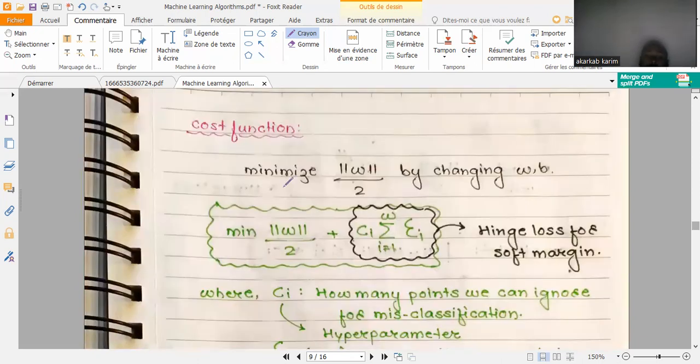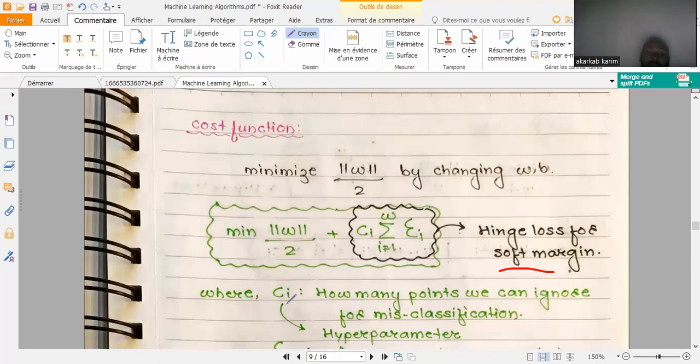Cost function. Well, see the cost function: minimizing the magnitude of W divided by 2 plus C times the summation of all the eta, starting from 1 to N. Here it is a soft margin loss, because we have errors. Before we rewarded the data, but now we also have errors, so for this reason we need to concentrate on this. These are the hyperparameters in the algorithm.